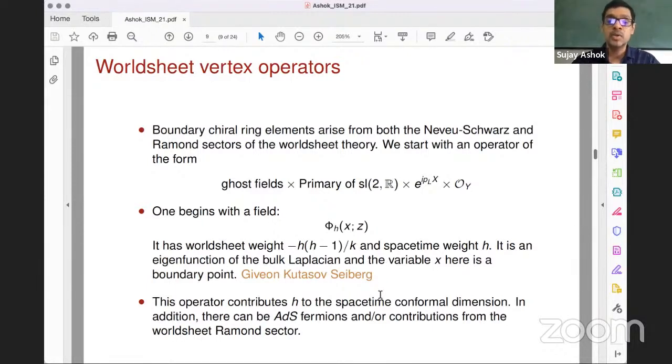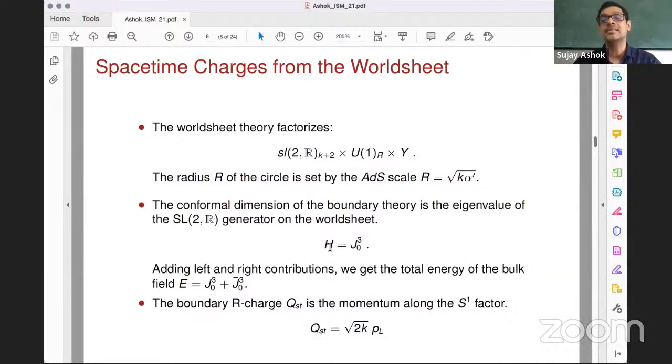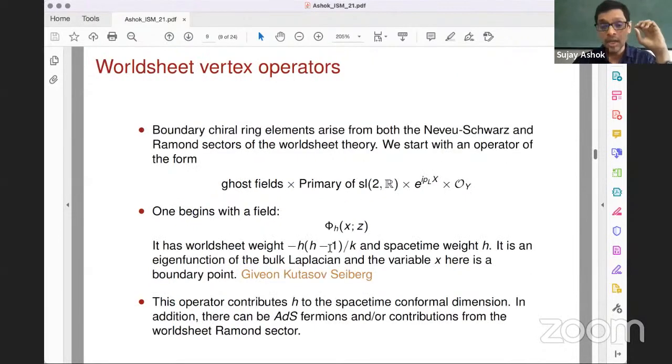So we take from them the operator which has an AdS spin equal to small h. The AdS spin h is precisely the spacetime conformal dimension that we're looking for. So we fix that. If you have fermionic excitations also on the SL(2) directions, then this will be changed to h-1, or if you have Ramond fields, it can be h-1/2 and so on. But essentially, it is given by the AdS3 spin.